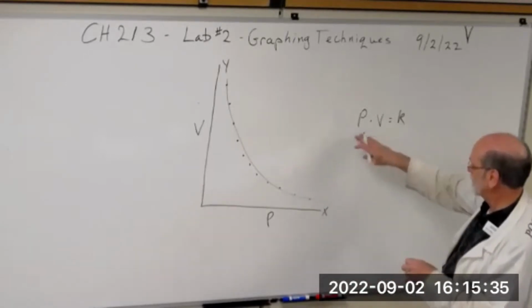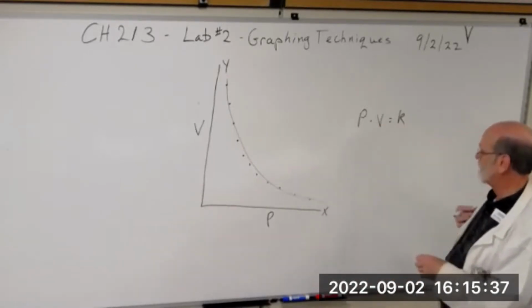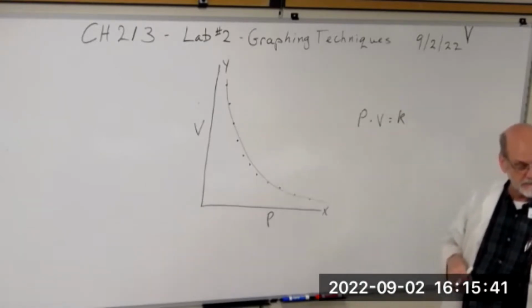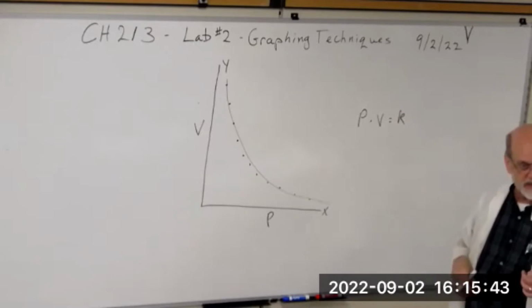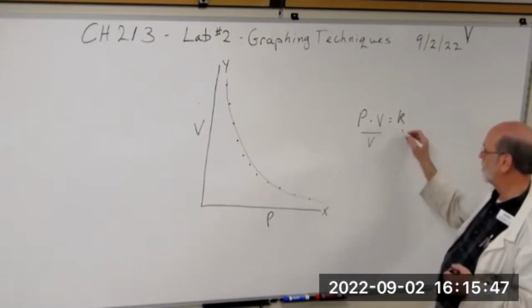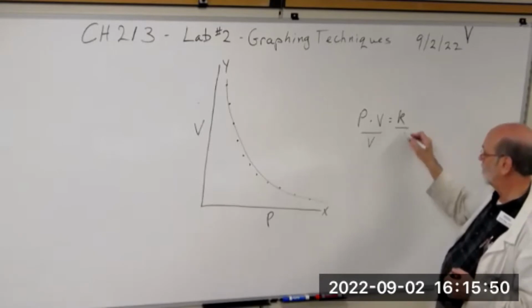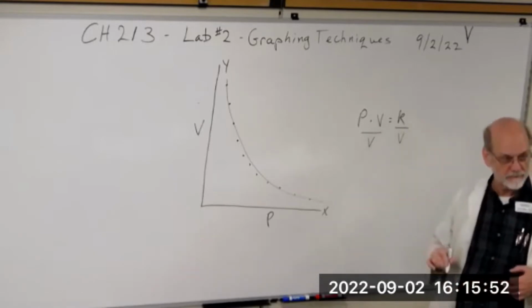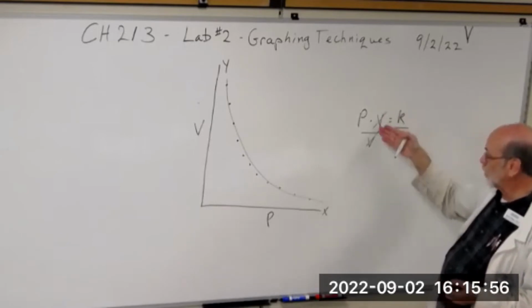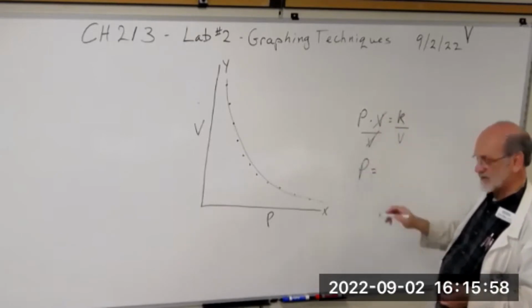If you take this formula and you do a legitimate mathematical transformation, in this case, we're going to divide both sides by v. Right, we can do that. Now, that cancels out. It's equal to 1, so we're left with p.